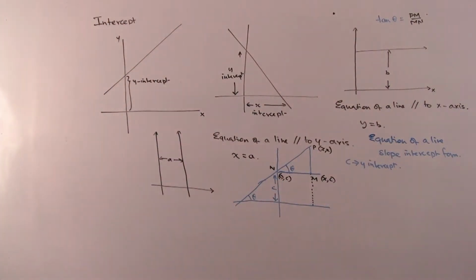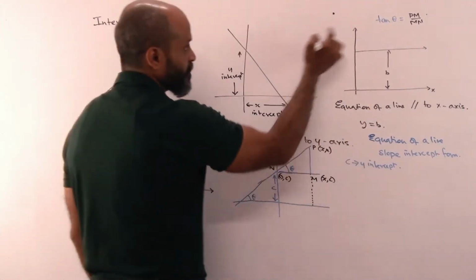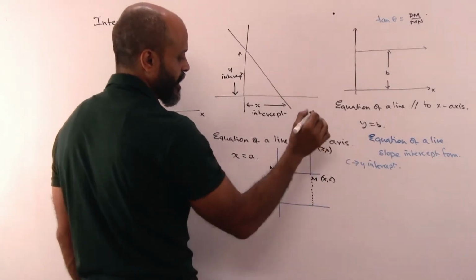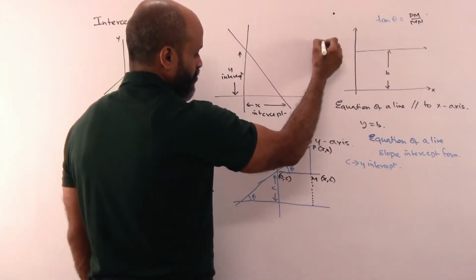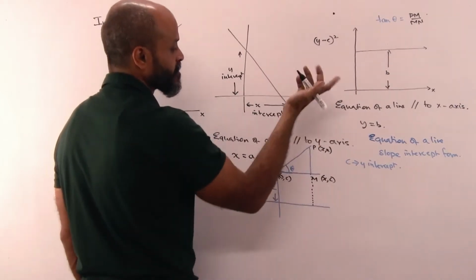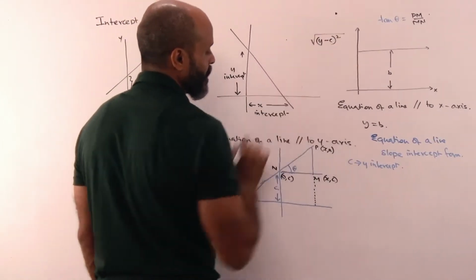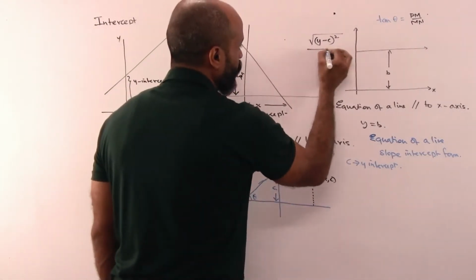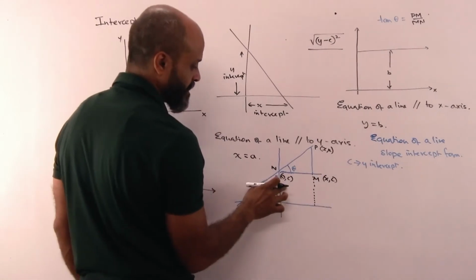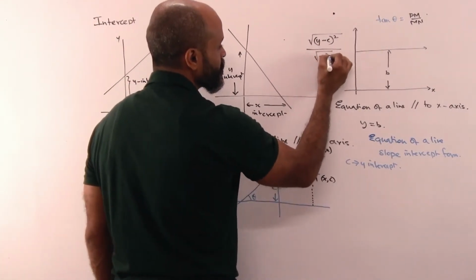What do we have here? Tan theta is equal to PM by MN. PM will be under root of (y minus c) square plus (x minus x) square. What will be the value of MN? MN will be under root of (c minus c) square plus (x minus 0) square. So this will be x.